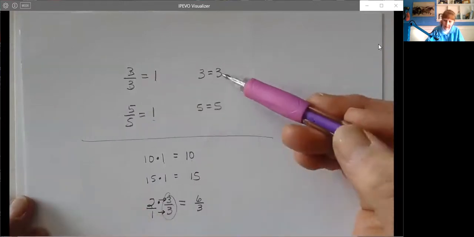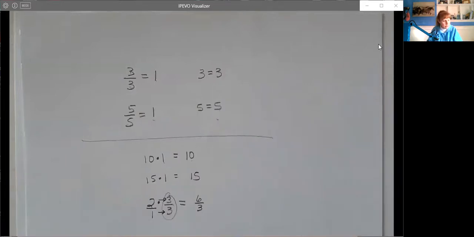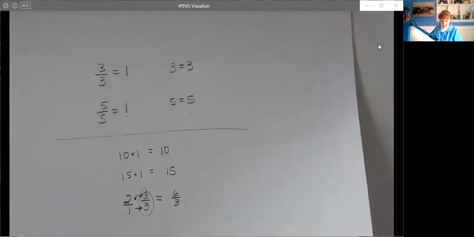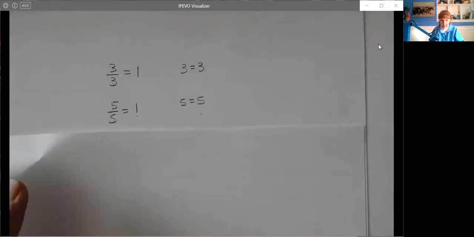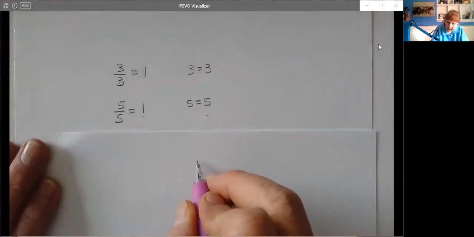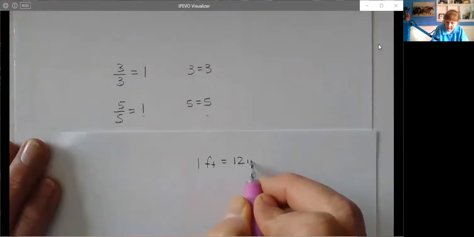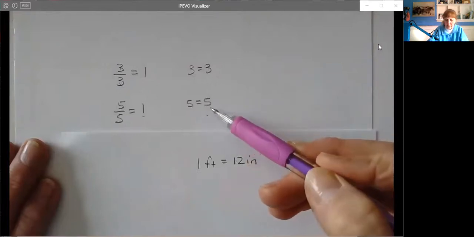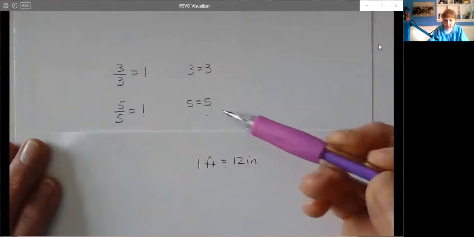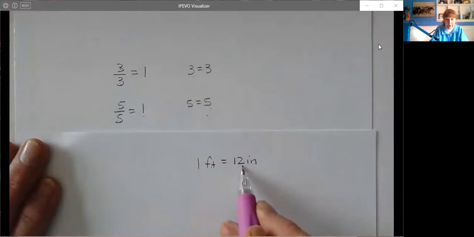I also want to go back and talk about this right here, and see why we're doing this with dimensional analysis. So I'm going to get another sheet of paper. In other words, if I have 1 foot is equal to 12 inches, just like the 5 is equal to the 5, well, I can create a ratio that has a value of 1 using these.